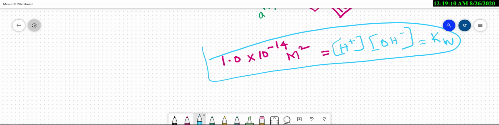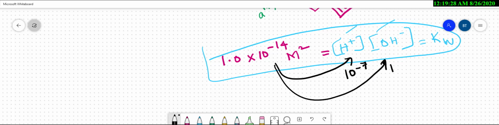Now, as I told you before, pure water dissociates equally into H+ and OH-. That means if you split this 10 power minus 14 into two, for this one it will be 10 power minus 7, and for this one also 10 power minus 7. So equal H+ ions and equal OH- ions. That's what we consider.